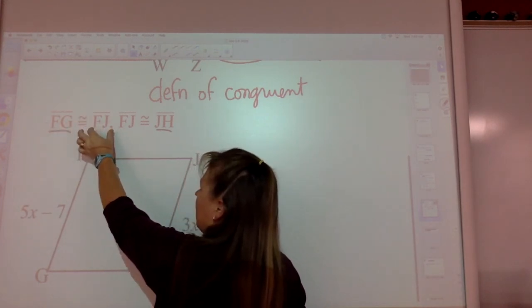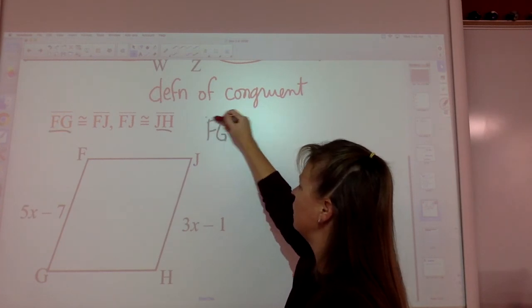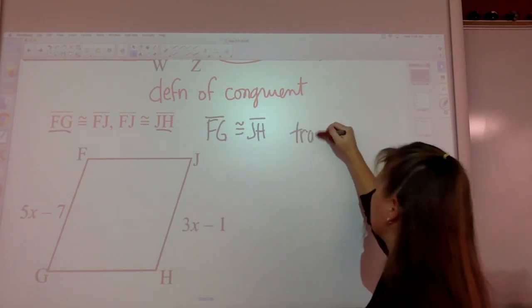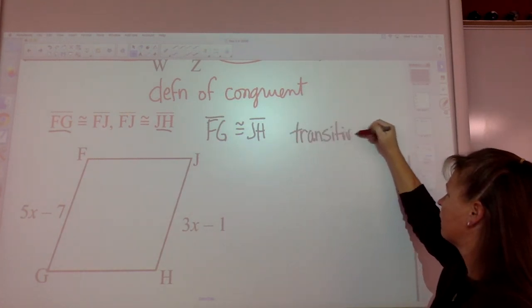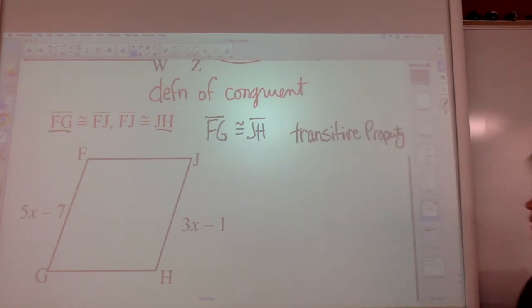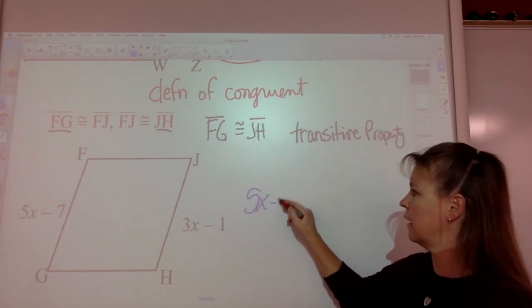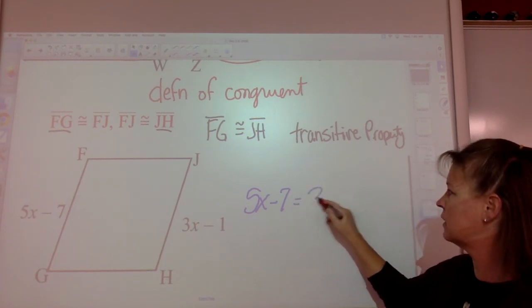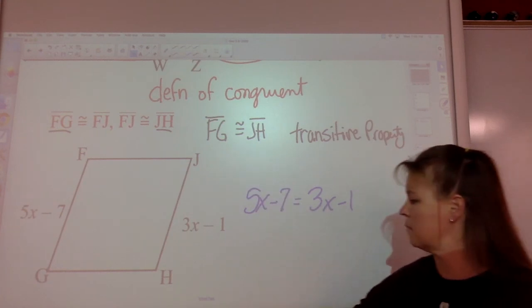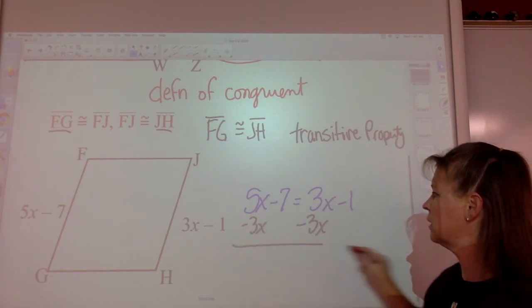If FG is congruent to FJ and FJ is congruent to segment JH, then segment FG is congruent to segment JH by the transitive property. So the transitive property allows us to set this up. Transitive property, and then of course the definition of congruent would let us say, all right, then 5x minus 7 equals 3x minus 1, because if two segments are congruent, then they have the same measure. But transitive property is what we're looking for here on how we are allowed to set this up.